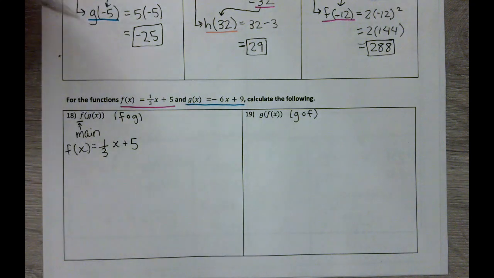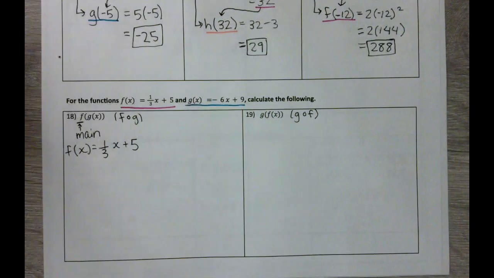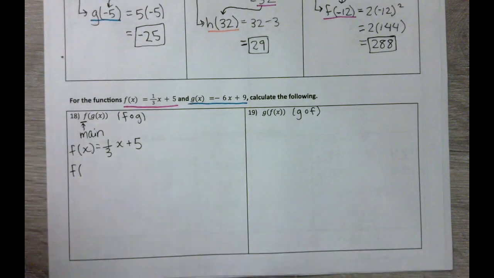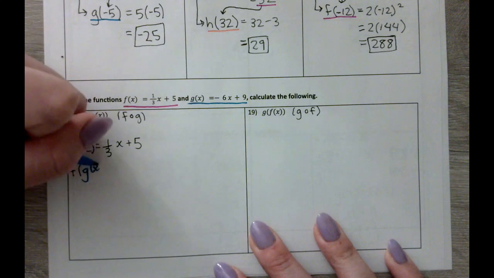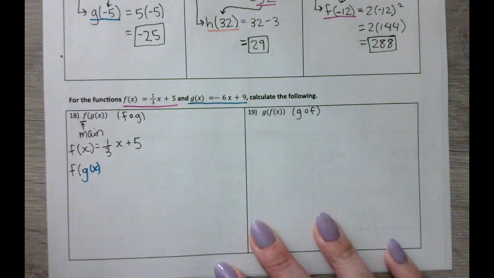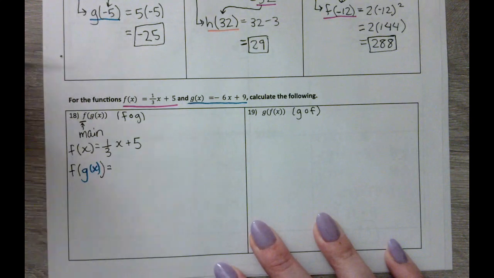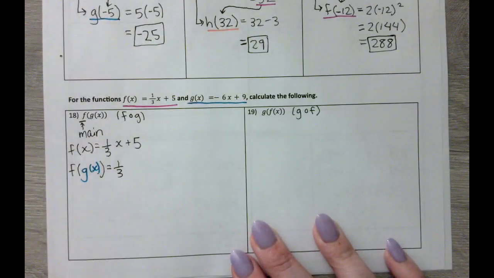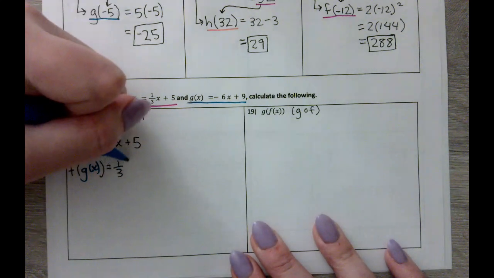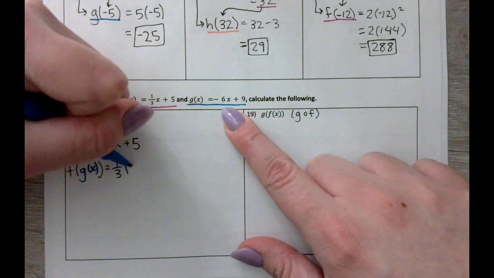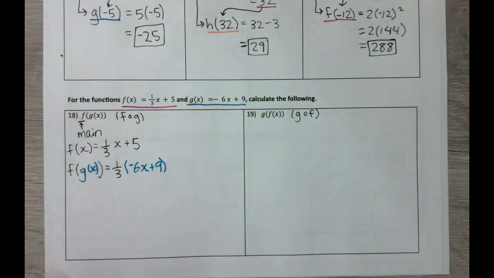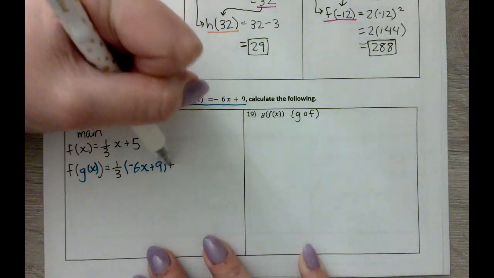And then what I'm doing is I'm plugging the g of x function into this x. That's where the color is going to come in. F of g of x equals, I'm going to follow this till I get to the x, 1/3, and then x will be replaced by the g function, which is negative 6x plus 9, and then I'll continue, plus 5.